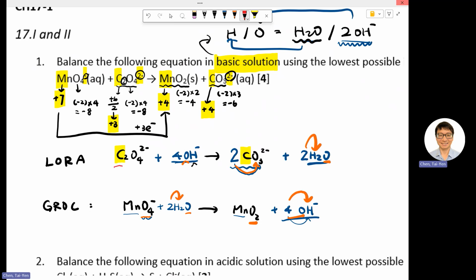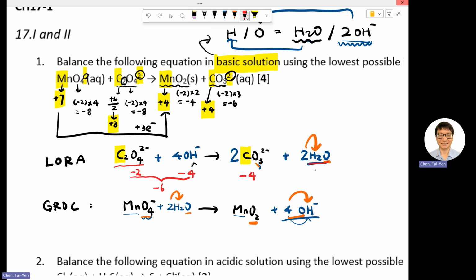Okay, so this contributes -2 charges. This contributes -4 charges. Therefore, on the left-hand side, you have a total of -6. On your product side, here contributes -4.